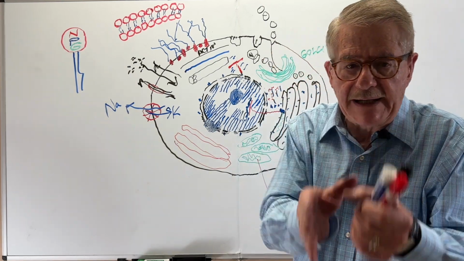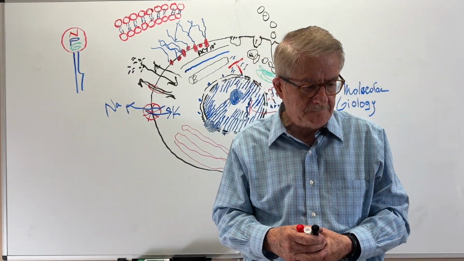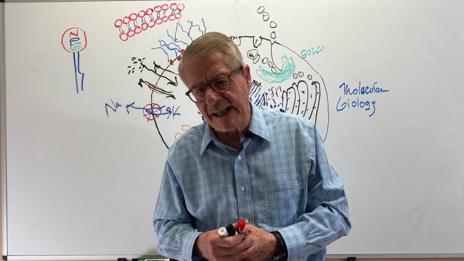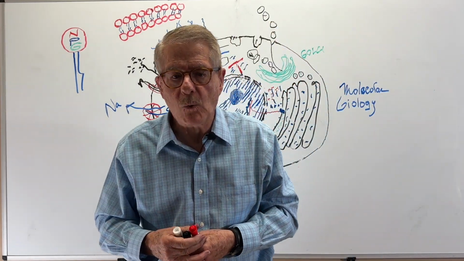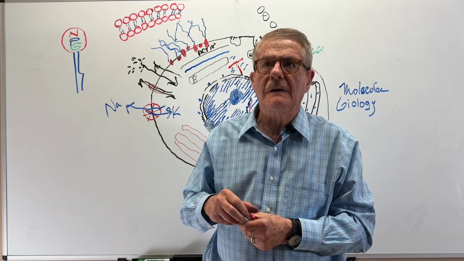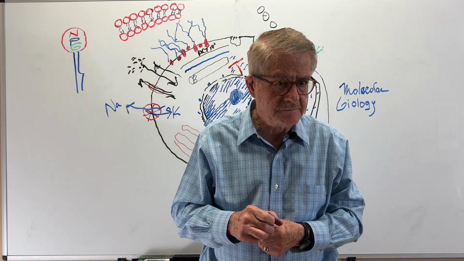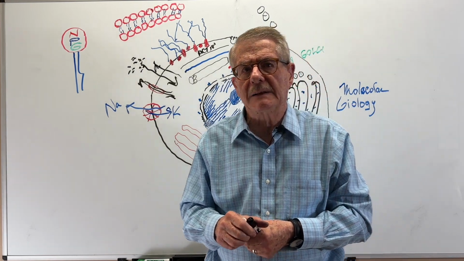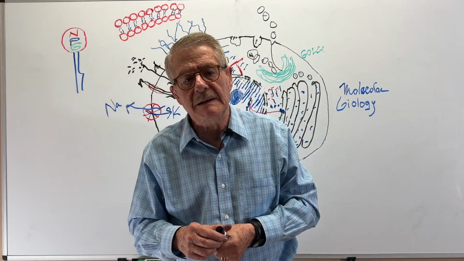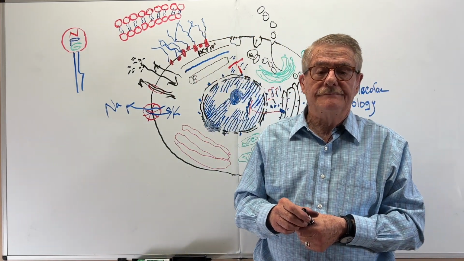So now the final question: is there one cell in our normal body that works only for itself? I've asked myself that question, and I don't think there is one.